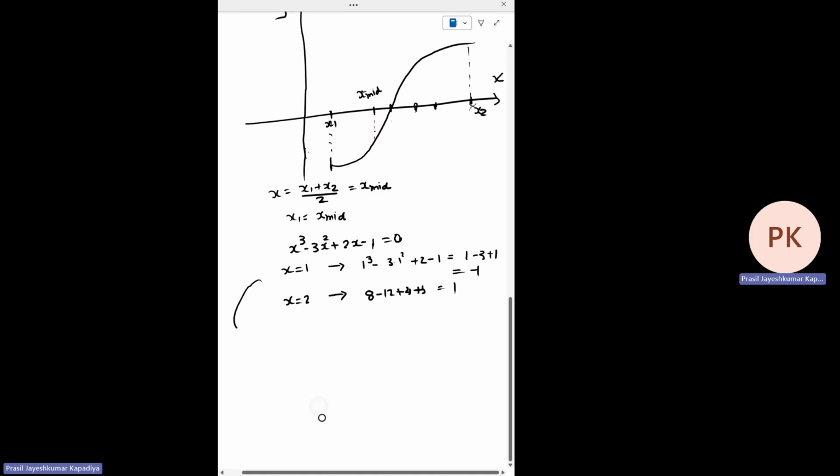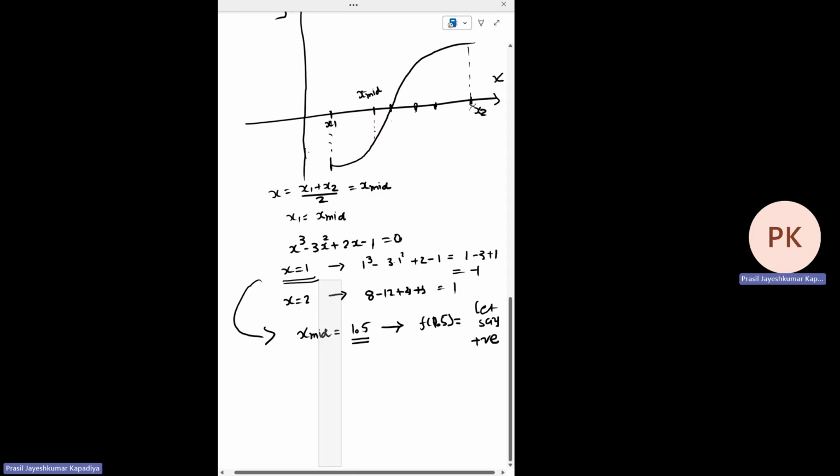So what I will do, I will find the midpoint. So midpoint x mid is equal to 1.5. And I will find f of x, that is f of 1.5. Let's say I'm getting a positive number. So at 1.5 it's a positive number, and at 1 it's a negative number.